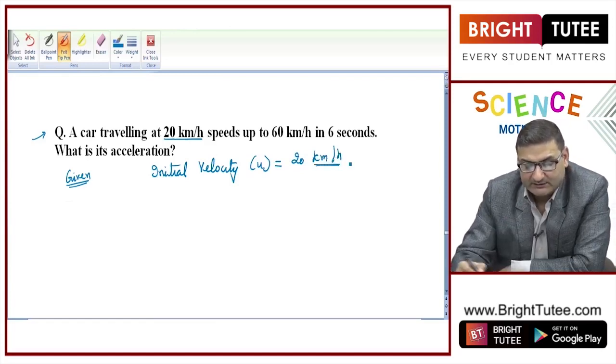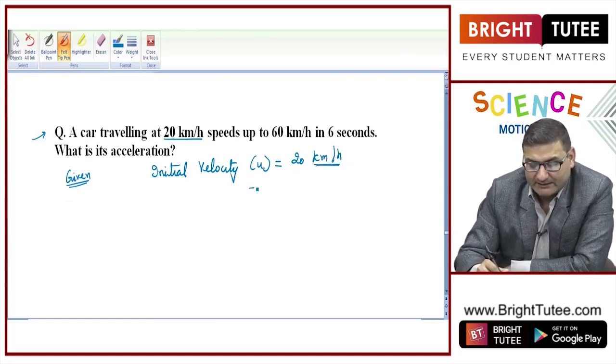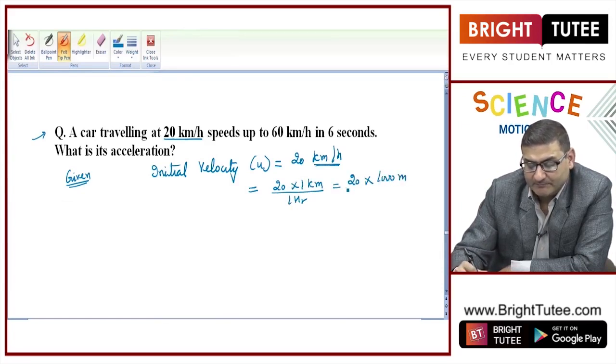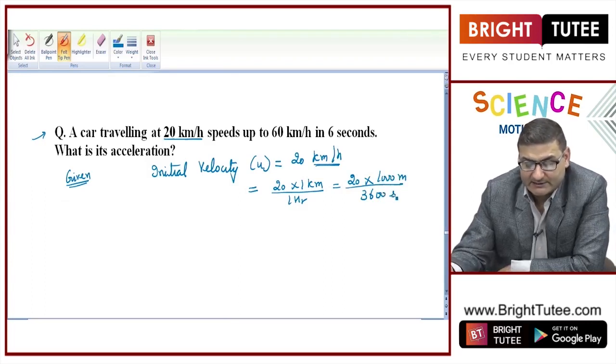I know of course that I need to convert it, so doing it here only. 20 kilometers can be written as 20 into 1 kilometer per hour, which is 20 into 1000 meters divided by 1 hour, which is equal to 3600 seconds.